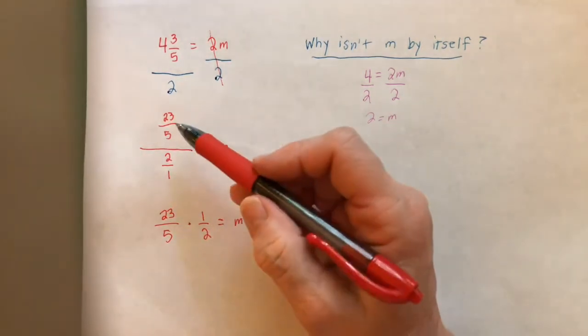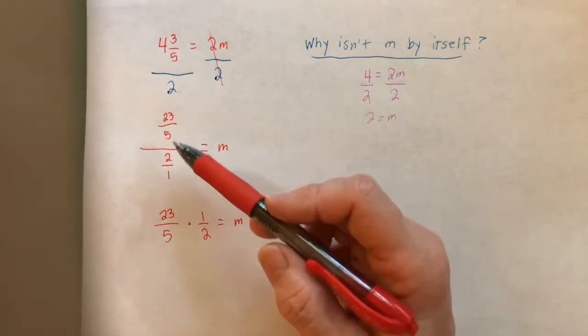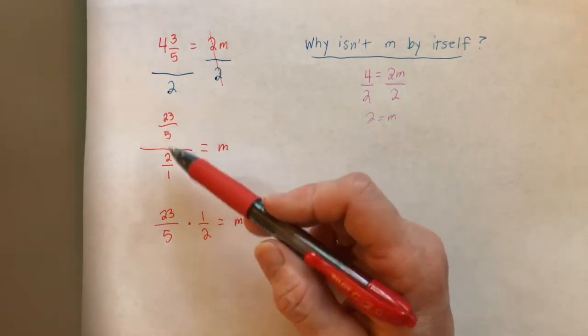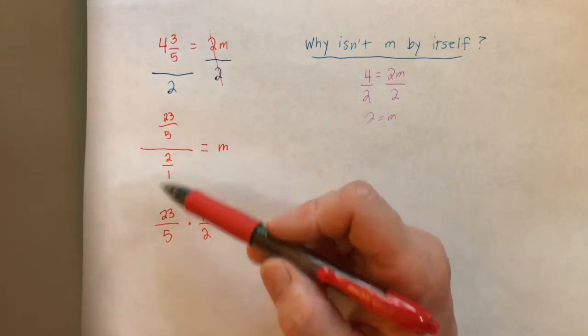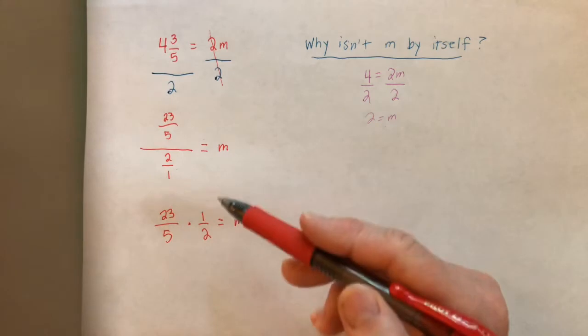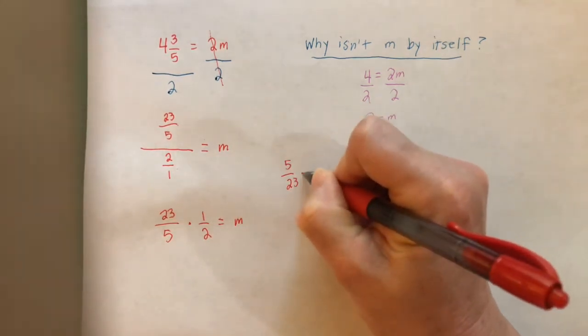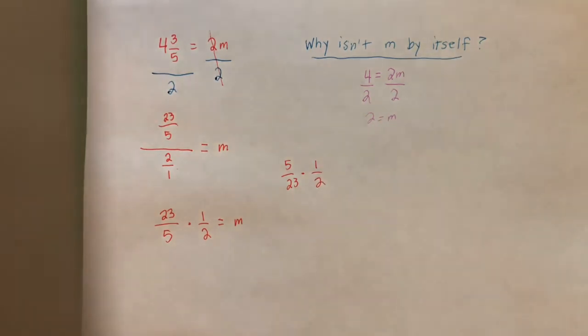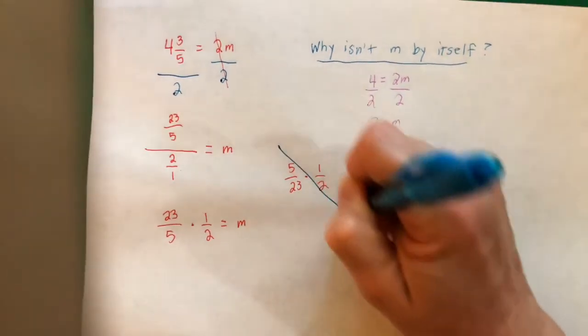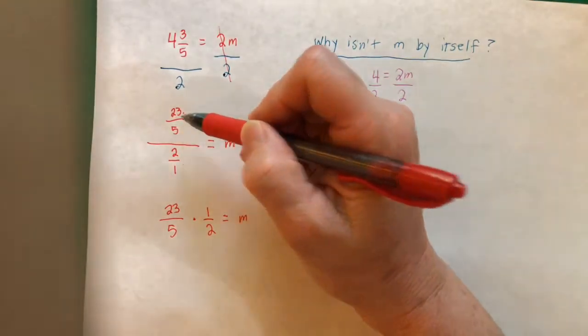Now, the other mistake I see people make is they flip this one over and change this one. So they say 5 over 23, they would say this, 5 over 23 times 1/2. That is wrong. We don't do that. We are going to keep this one the same.